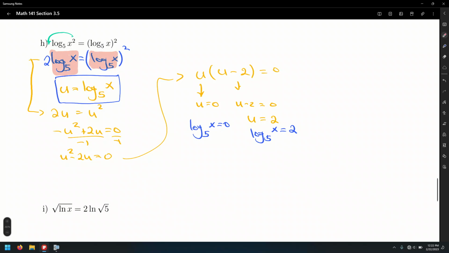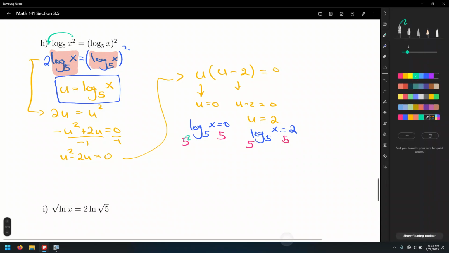However, the base that we use to exponentiate really matters, because it has to match the base of the logarithm. So in this case, it's going to be exponential base 5 on both sides. This is going to cancel the exponential and the logarithm, and that's going to leave us with x equals 5 to the 0 power, and a number to the 0 power is 1. That's one of the solutions in the world of x.